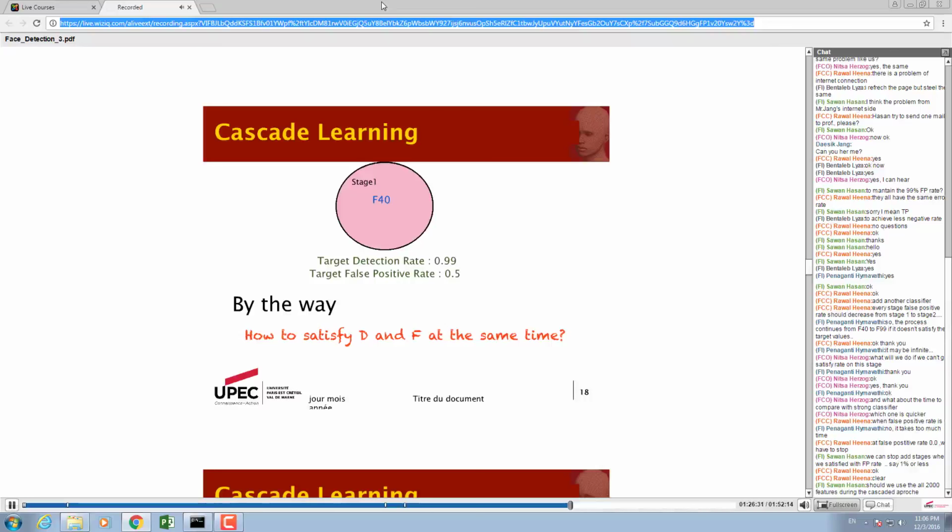For example, the target rate is 98%. It is not 99 yet. But the false positive rate is 0.4. Then the false positive rate is satisfied, but the target detection rate is not satisfied, right? Then we have to add one more feature. So I added one more.